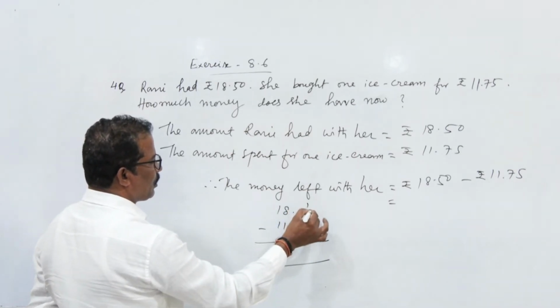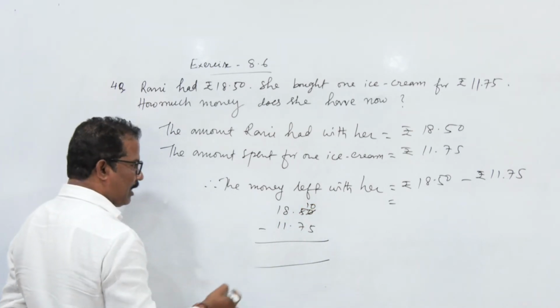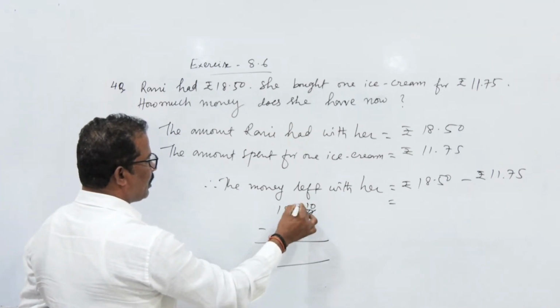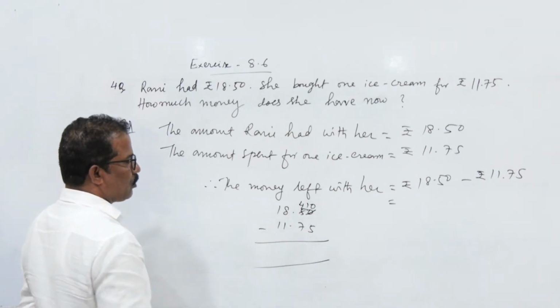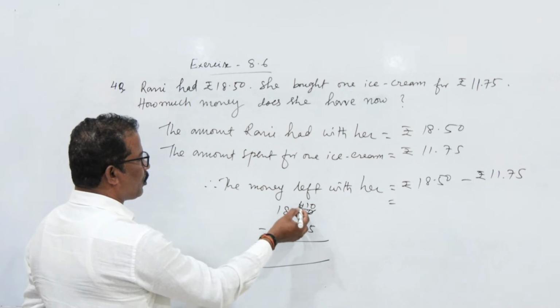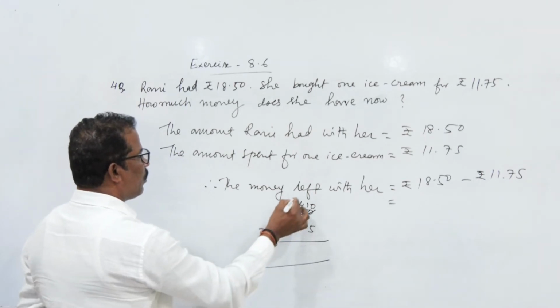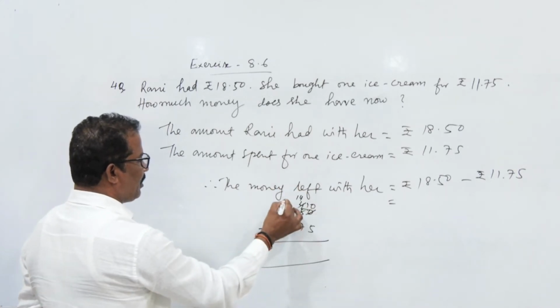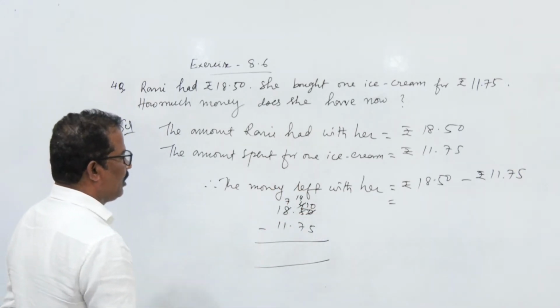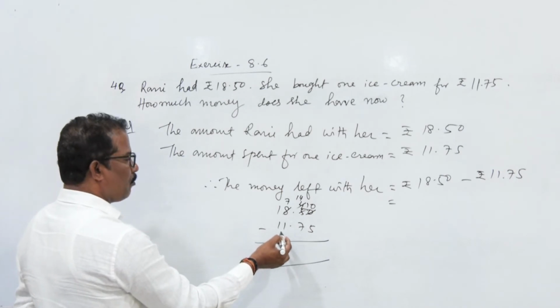One number given to this 0, now this 0 will become 10. From this 5 one number given means here how much will remain? 4 only. Now from this 4, 7 is not possible to subtract. Again we have to borrow for this 4 now. From this 8, one number given here, now this will become 14. From this 8, one number given means here how much will be there? 7 only. From this 7, 1 is possible to subtract.